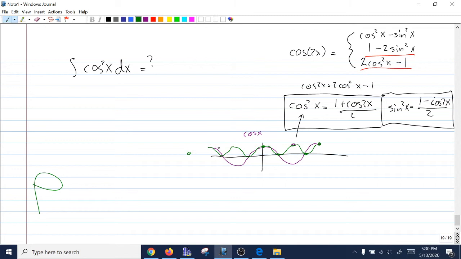When you imagine squaring cosine x, you can see you do kind of end up with a wave with half the wavelength, which is what cosine 2x is. When I imagine cosine 2x, I'm taking the purple one and shrinking the wavelength by a half. So cosine 2x will be a full cycle down and then up.